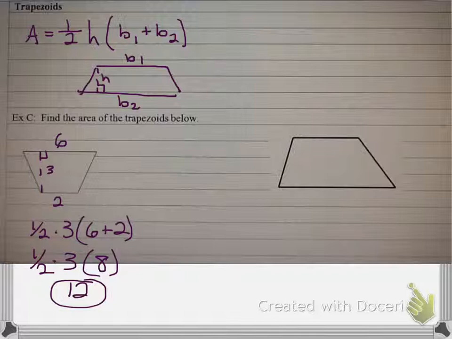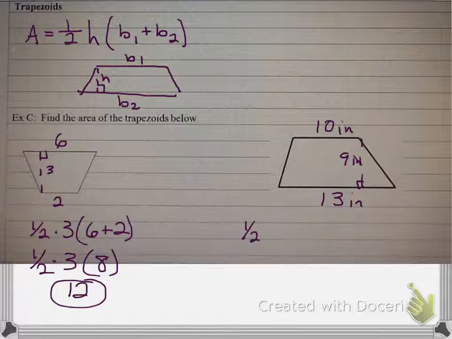Alright, our other one, I'm realizing now that 2 examples for each one is a little overkill, so sorry, but I'll just keep going. So we have 10 inches for our one base, 9 inches for our height, and 13 inches for the other base.